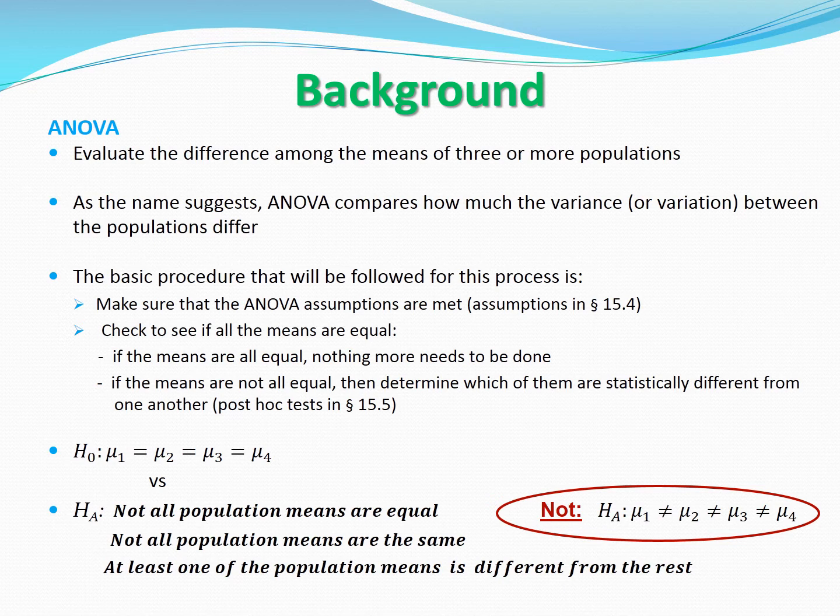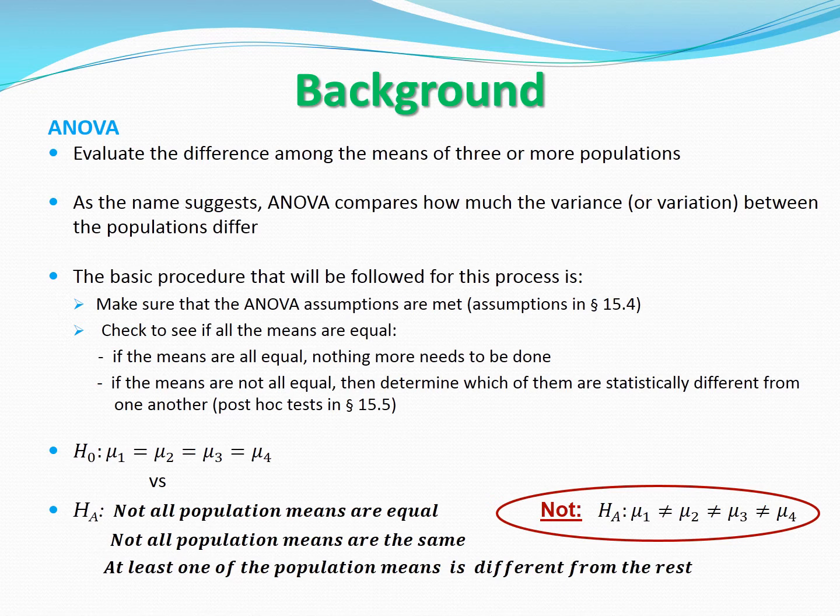Then in your null hypothesis, you will specify that all the population means for the four different groups are equal to each other. However, in the alternative hypothesis, you are not allowed to state that all the population means differ from each other, because some of the population means might be the same and some of the population means might differ.